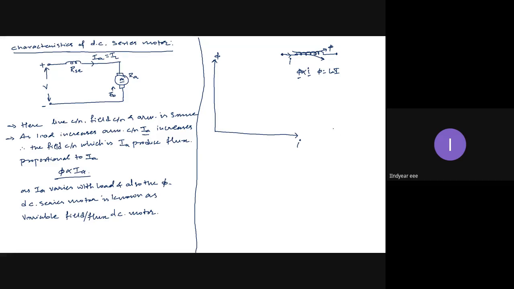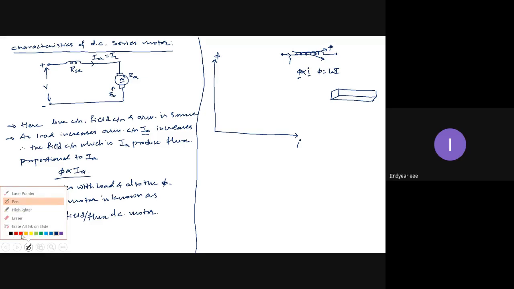So there is a coil, there is a core, a magnetic core. Now upon this I will place a winding.